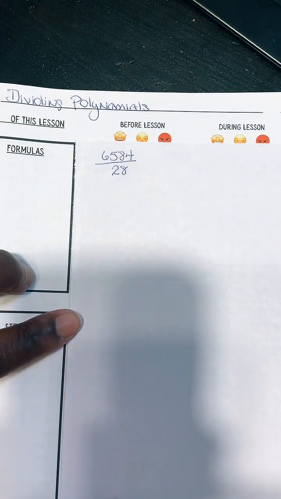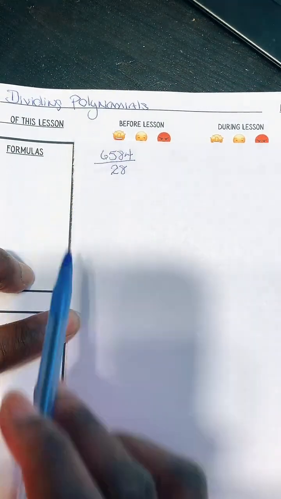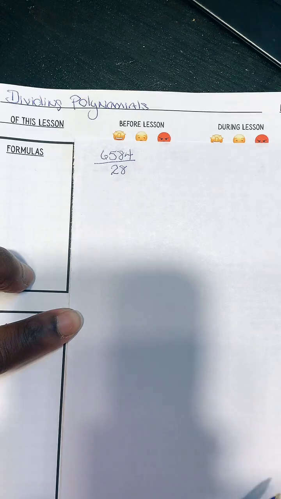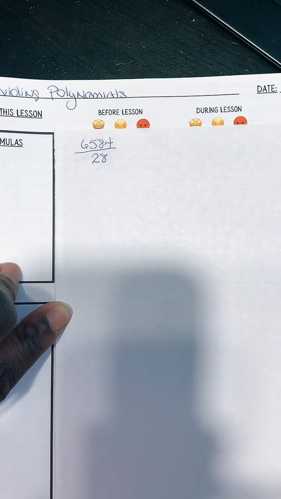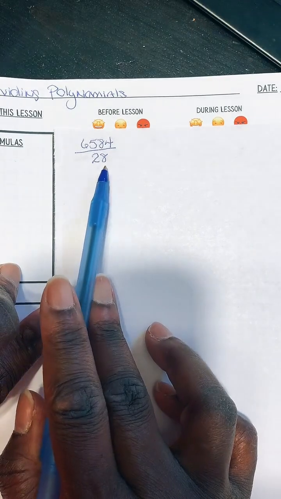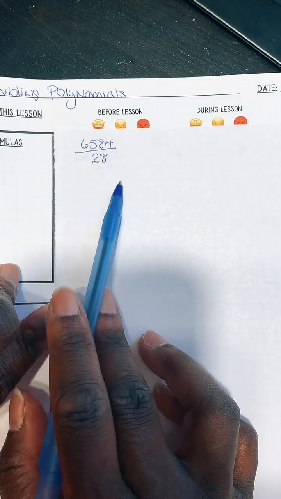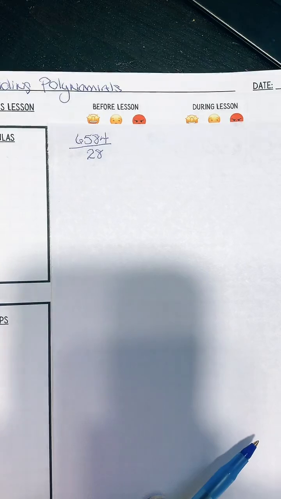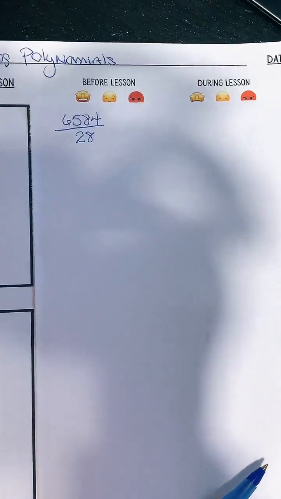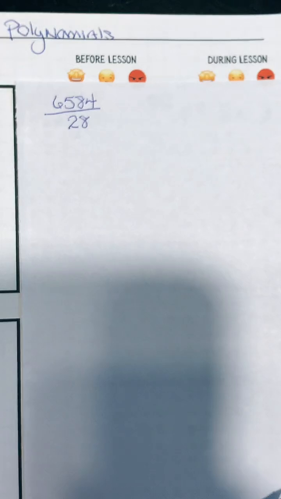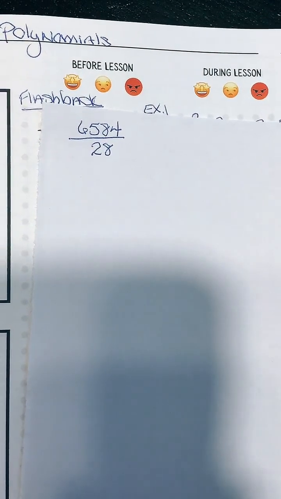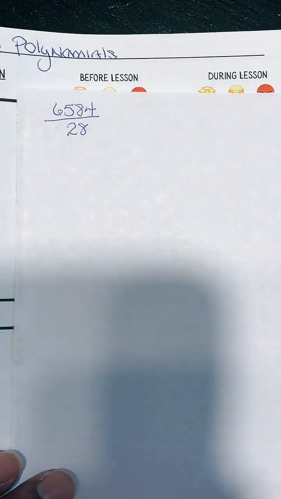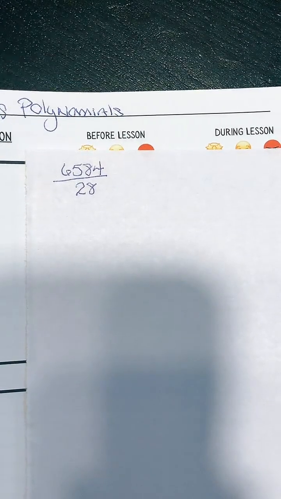So before we go into dividing those polynomials, I said fractions, I mean polynomials, I want to do a quick refresher on how to do long division. Now, since we all have calculators, when was the last time you actually did long division by hand? Say never, okay? All right. So we're going to walk you through the steps of how to do that.